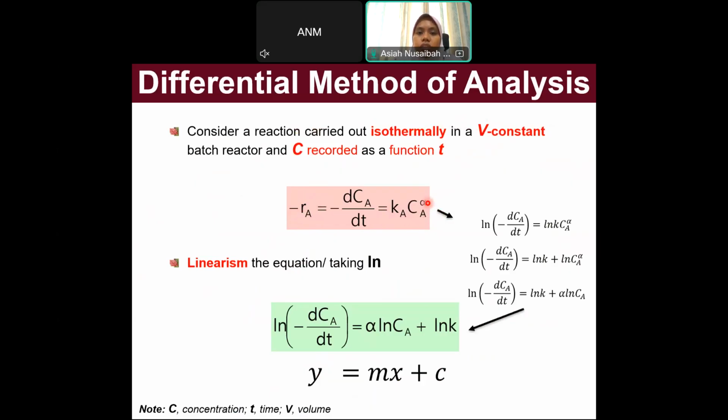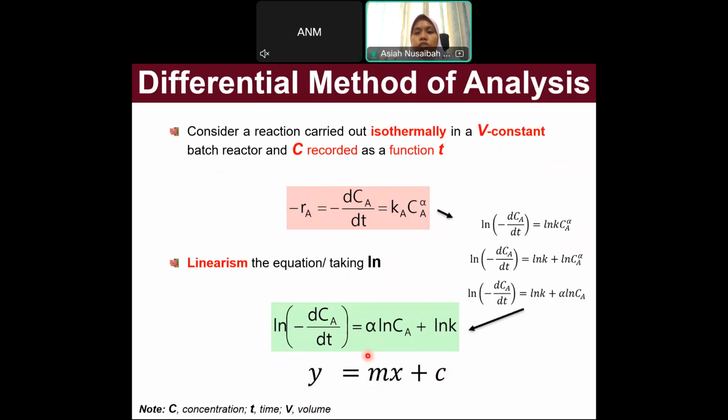In differential form, minus rA is equal to minus dCA over dt, minus because of the disappearance of reactant A, equals kCA alpha. So we have minus dCA over dt equals kCA alpha. We're going to linearize it into linear form. The standard linear equation is y equals mx plus c, so we have to change it into that form.